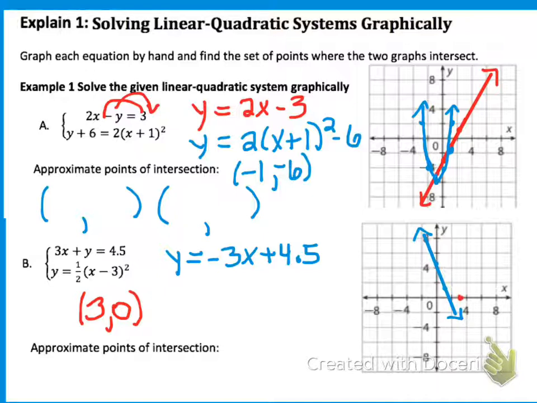Since it's a 1/2 compression, normally we go right 1 and up 1, but now we go right 1 and up 1/2, and then left 1 and up 1/2, like this. It's going to be a parabola that looks like this.